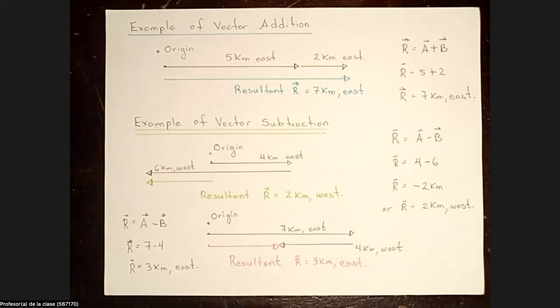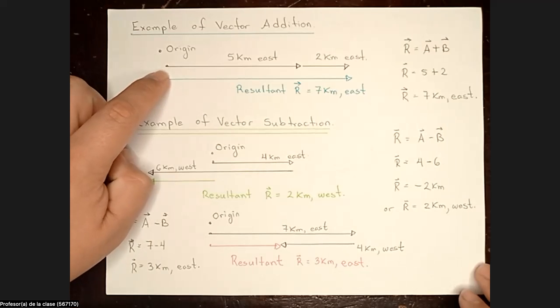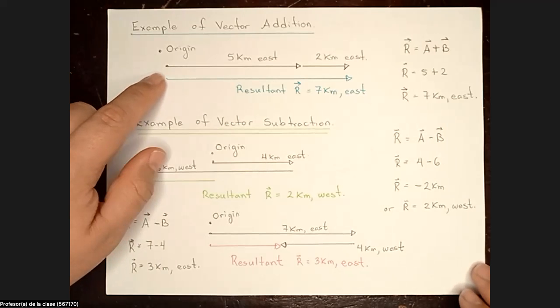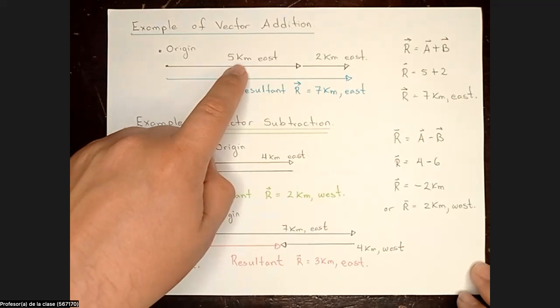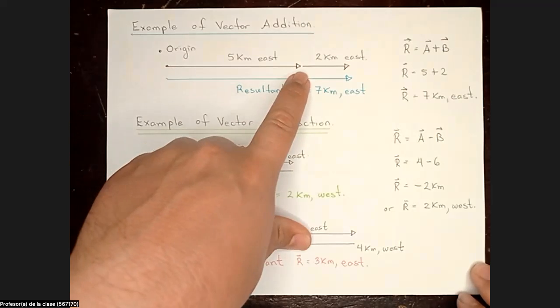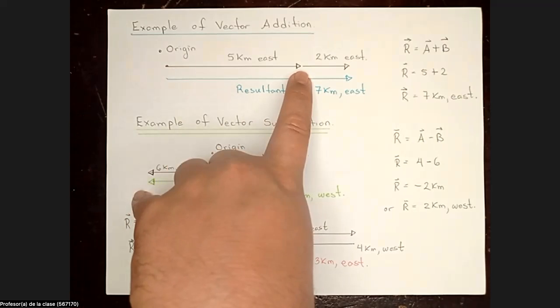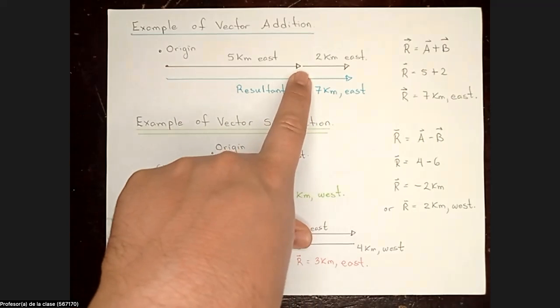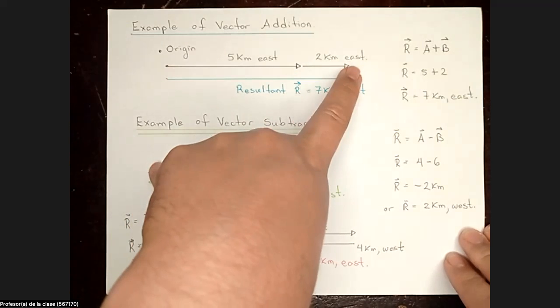So at first, I got an example of vector addition. You have the origin. A child walks 5 kilometers to the east, arrives at any point in space, but continues walking 2 kilometers east again.